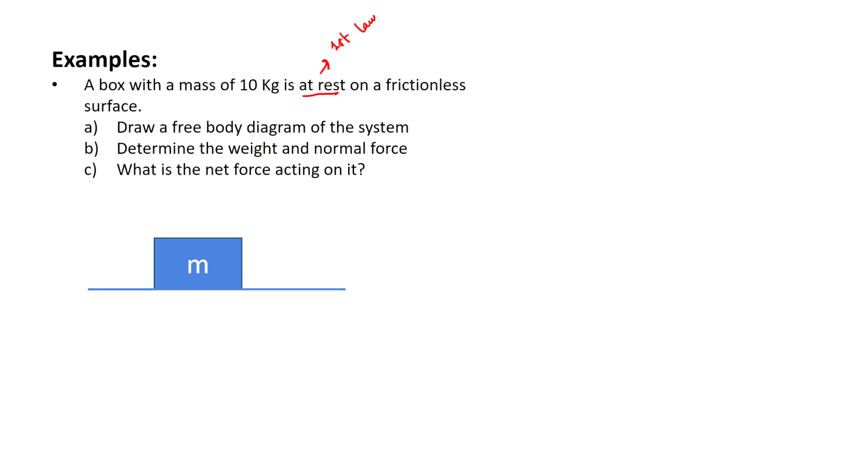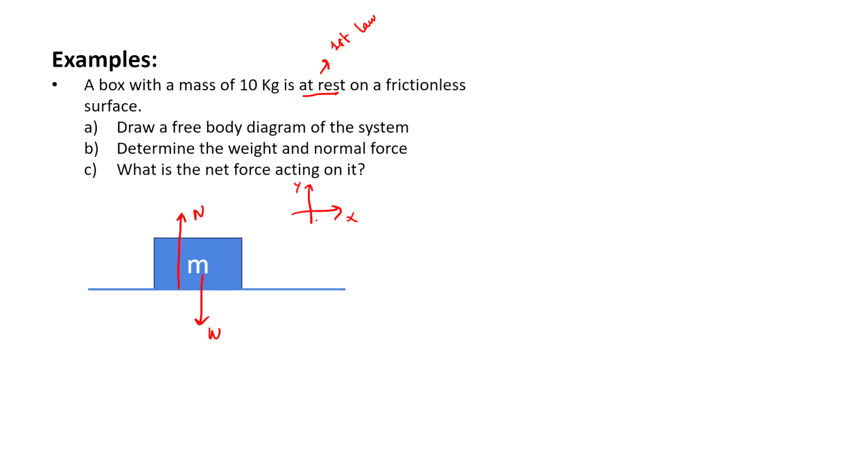First, we have to draw a free body diagram of this system. Because there's no external force here, we can just write, first of all, W or the weight force, then second one is the normal force. And don't forget to give the axis.